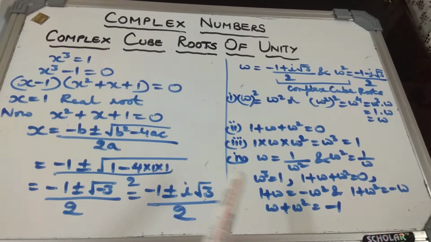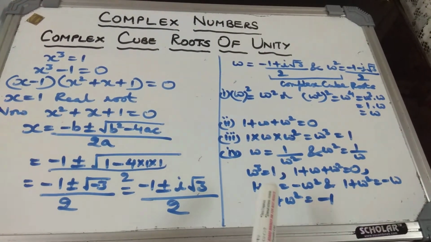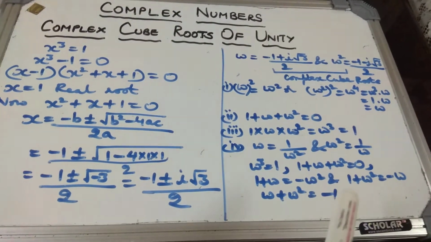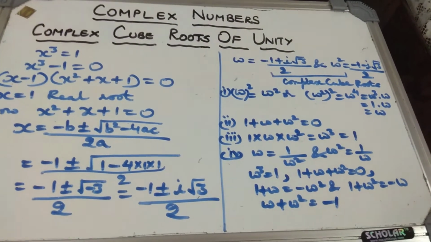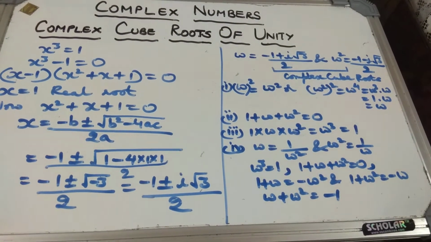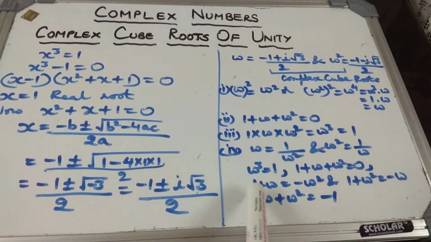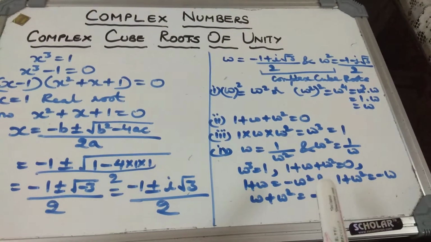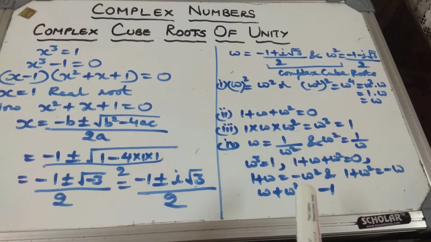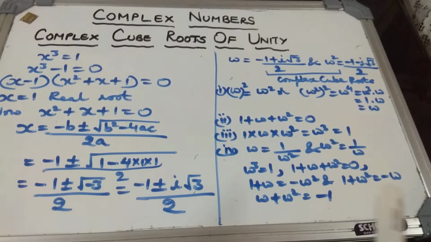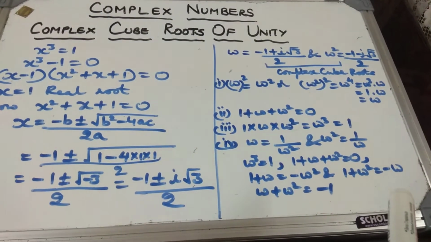Now, regarding this, we also know these are all the identities or the properties which we'll be using while doing the sums. So you need to remember them. Omega cube equals to 1. 1 plus omega plus omega square equals to 0. 1 plus omega is equals to minus omega square. 1 plus omega square is equals to minus omega.